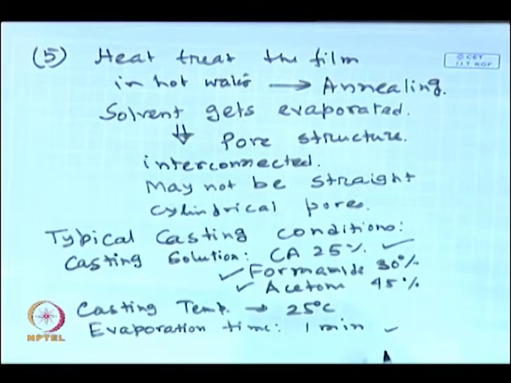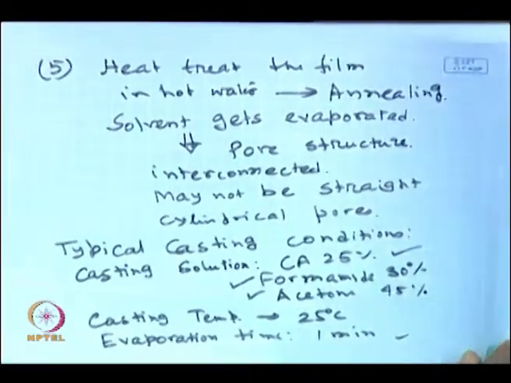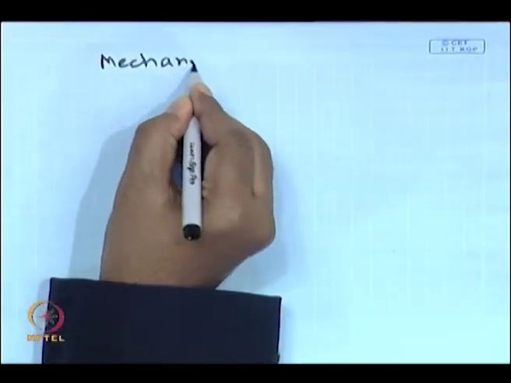Now, this is a typical procedure and typical casting conditions for casting a membrane film, but there is a problem in it. The membrane film that you produce by this method is very fragile. So, there should be some mechanical support given to this film.